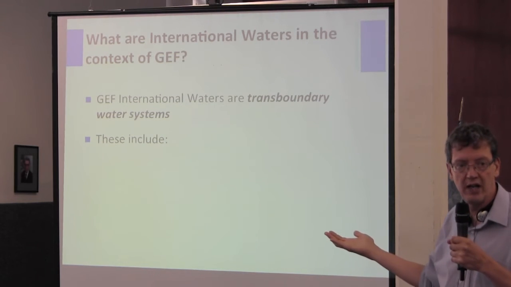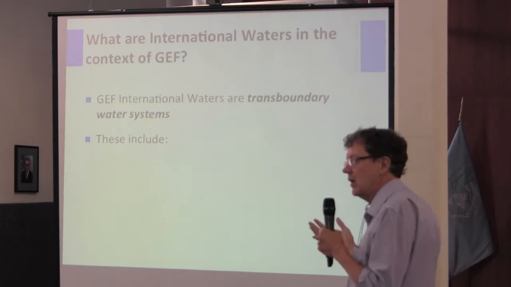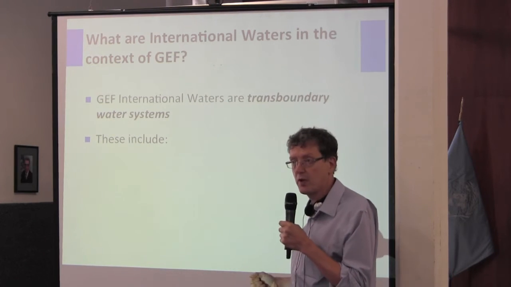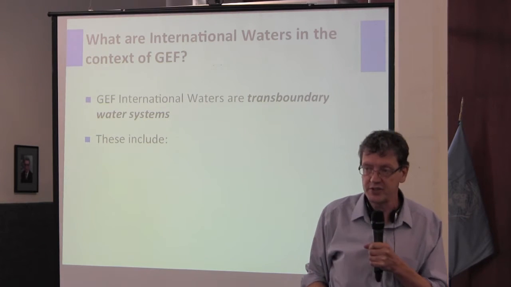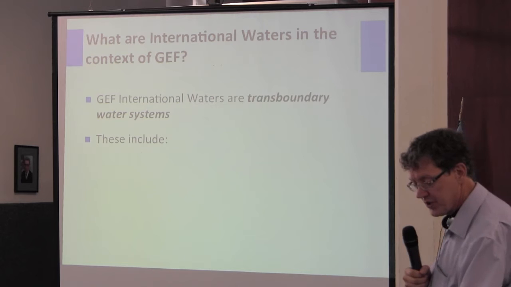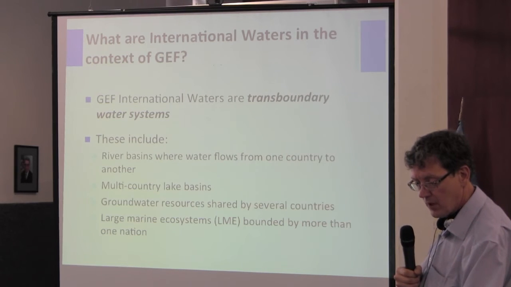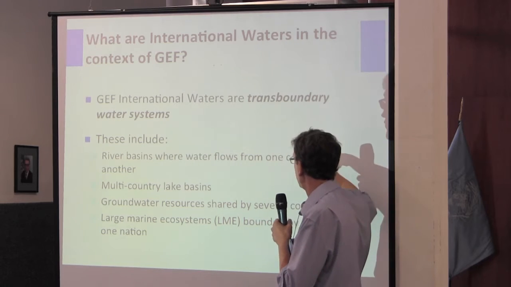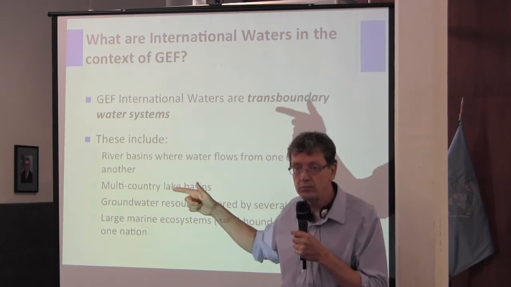It's much broader than that. Although, of course, UNCLOS is involved, is part of this as well, particularly when we're talking about marine ecosystems, large marine ecosystems. But when we're talking about transboundary water systems, I've already mentioned these, we're talking about river basins where flows go from one country to another.